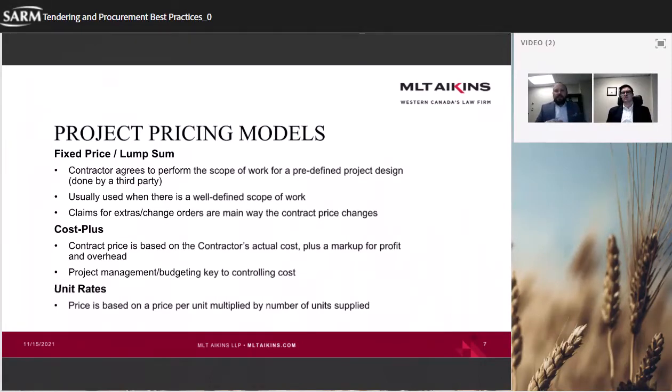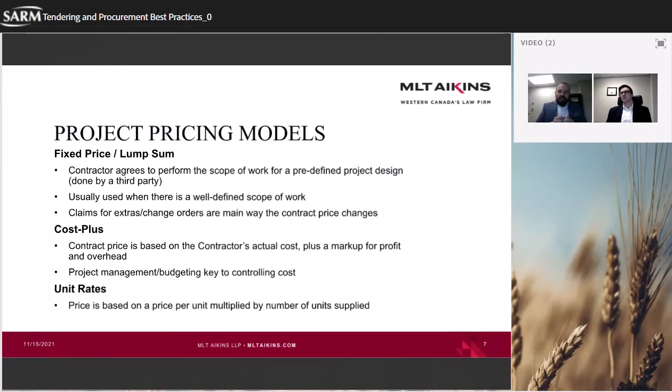or work where potentially unforeseeable or unpredicted circumstances may arise. If we think about a renovation where we're not entirely sure what's behind a wall in a building that was built in the 1930s, and we open it up and it's far different than what was expected, all of a sudden there's uncertainty, and the price on which they lump sum bid is no longer reliable.